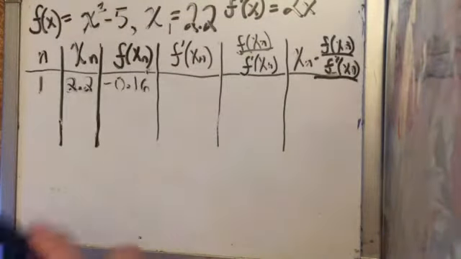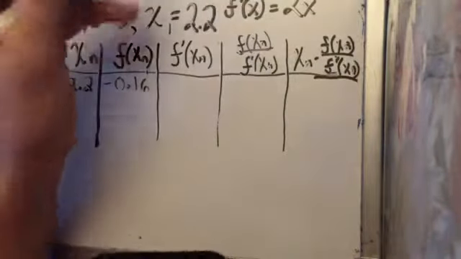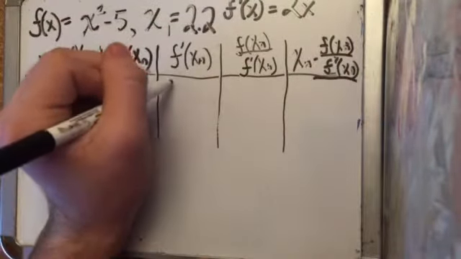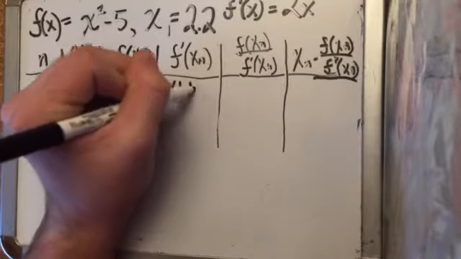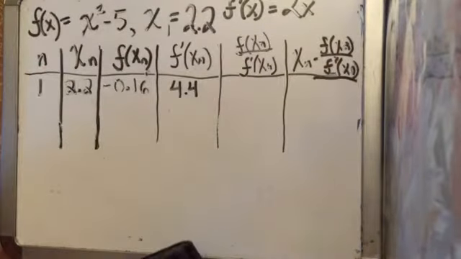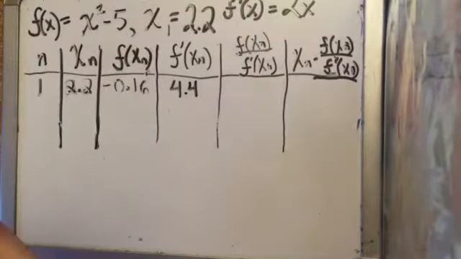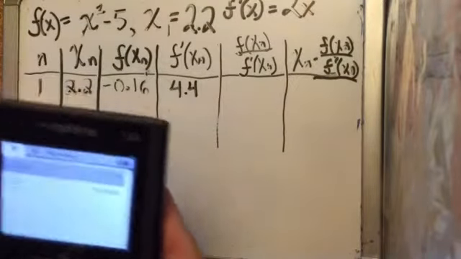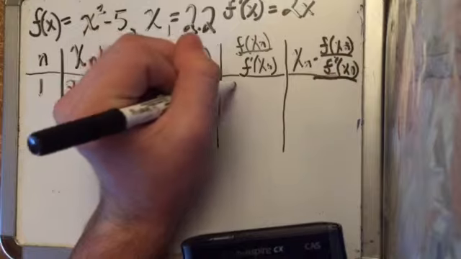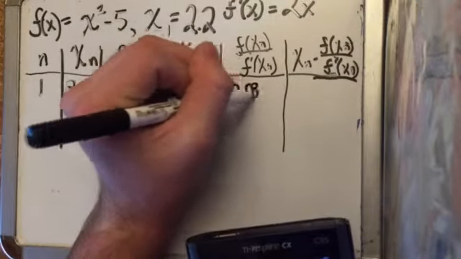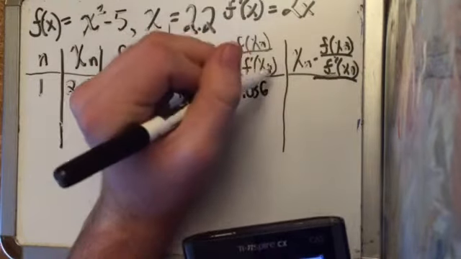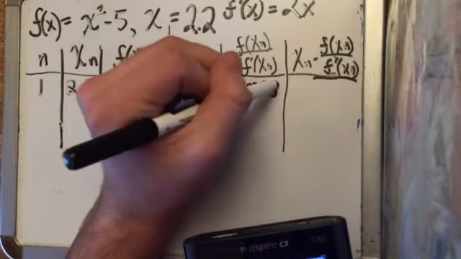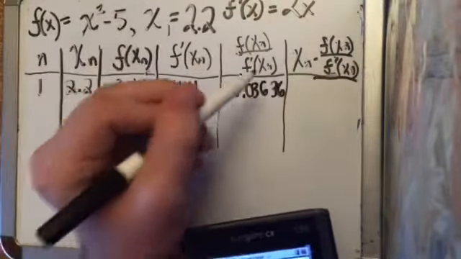And continuing, the second one is easy. You don't need a calculator. It's just 4.4 because it's 2 times 2.2. And negative 0.16 over 4.4 is 0.036364, or we'll just say 0.03636.